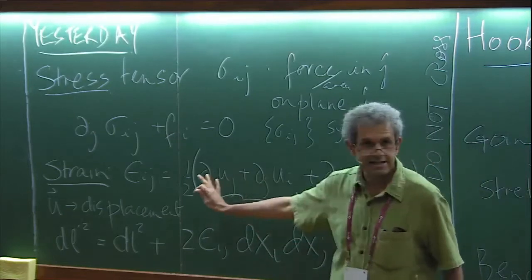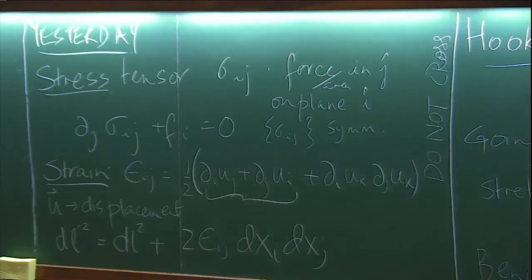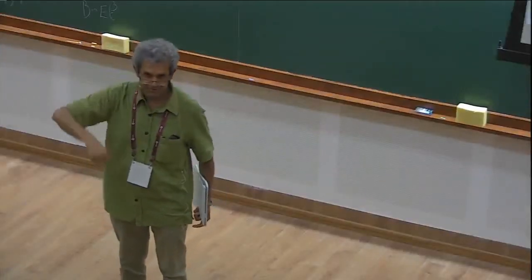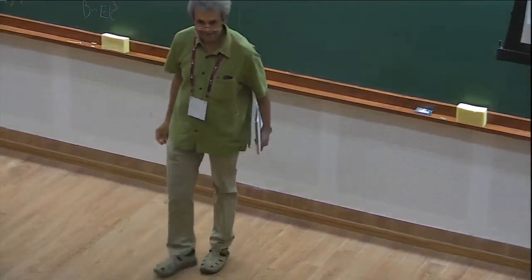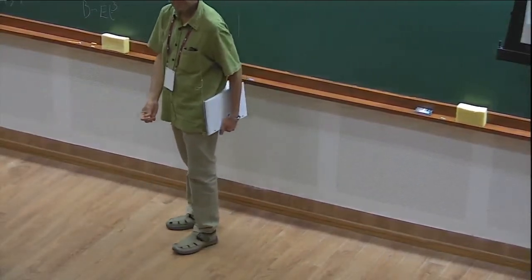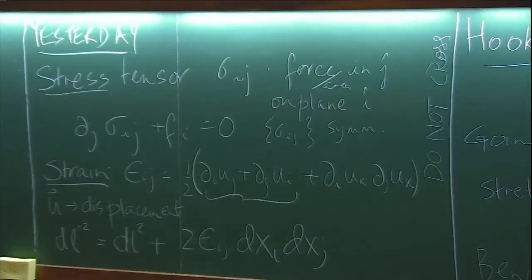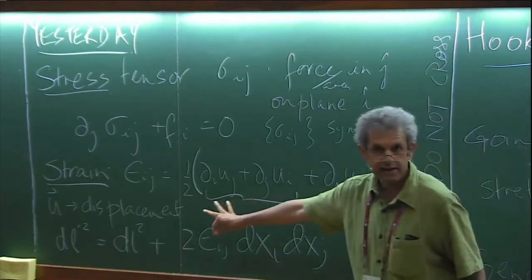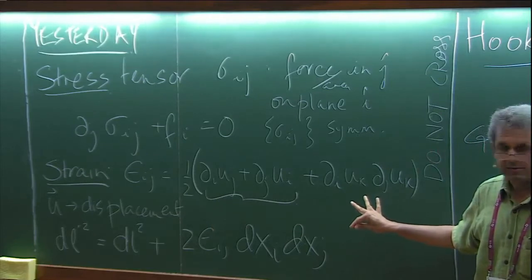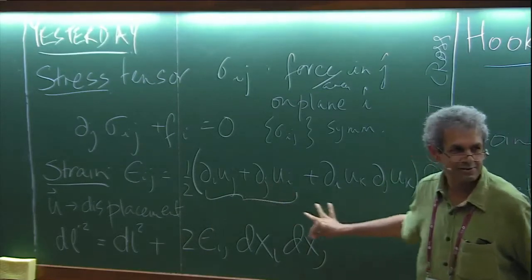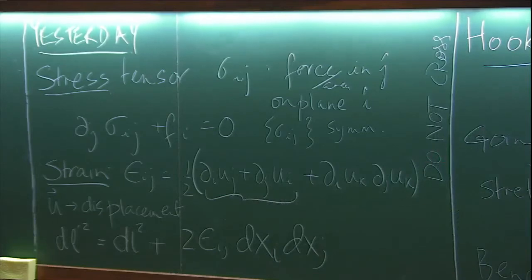This object all by itself is not even rotationally invariant. Take a block of material and just spin it through 90 degrees and see whether you get a strain-free state. And you'll find you won't. So there's something nice about it. There's some components of strain that are involved in canceling other components of strain. So we're going to, for the most part, work with a lot of this, discarding things as appropriate.